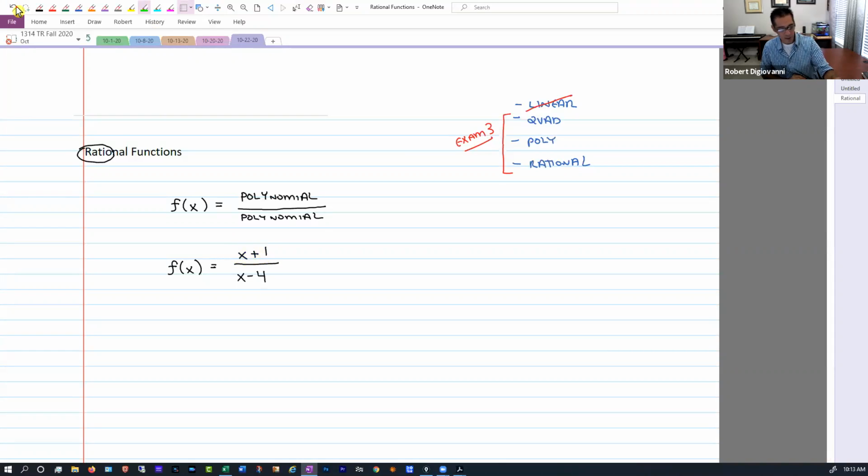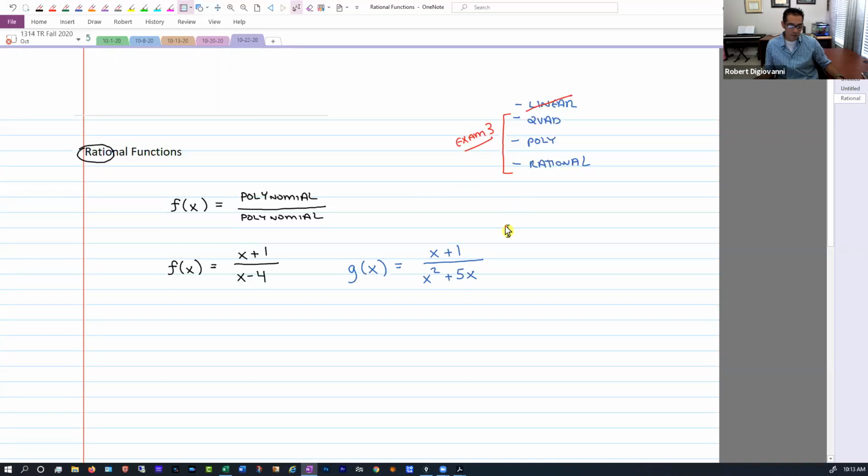Let me give you another example. I'll call this one g of x and I'll do a different color. Again, let's just put that x plus 1 up there. So it's the same up there, but now on the bottom, let me do x squared plus 5x. Do you see that the denominator is a quadratic instead of a linear?